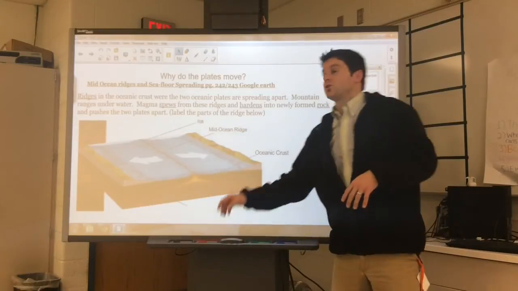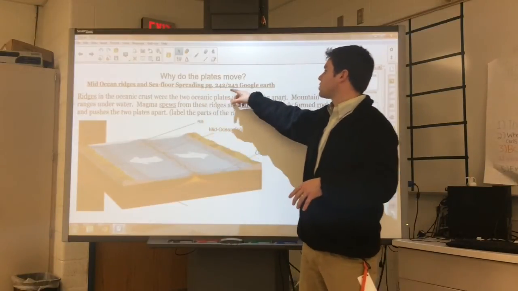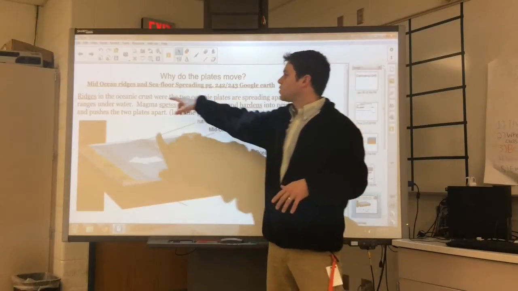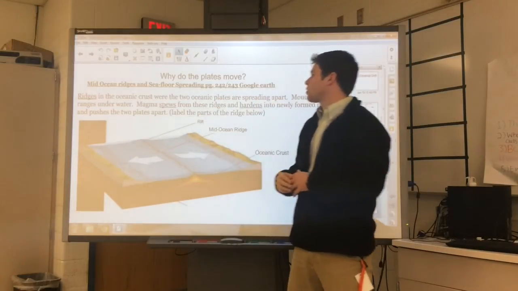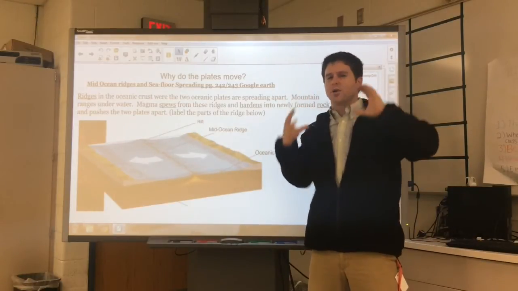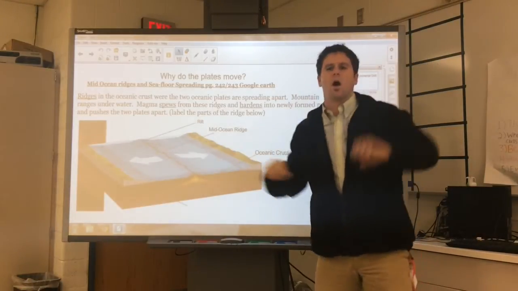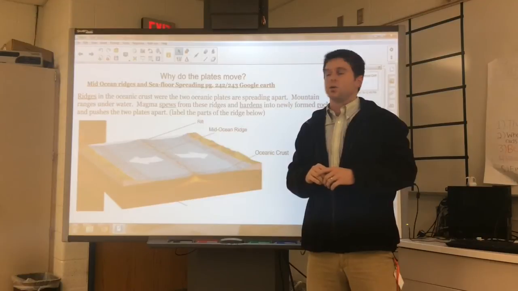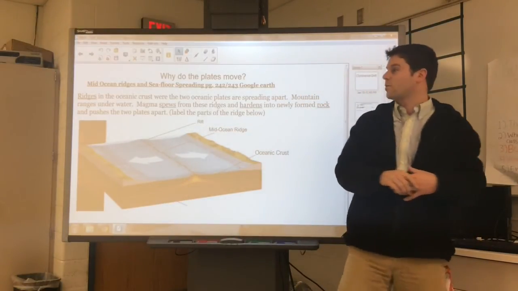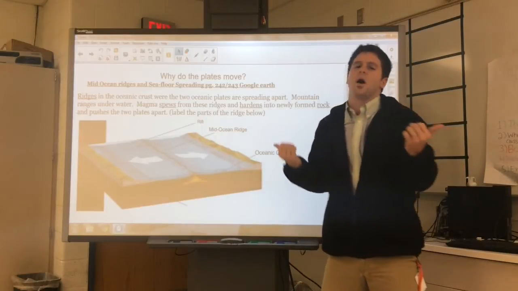This is a picture in your book, right? Mid-ocean ridges and seafloor spreading, pages 243 and 244, also on Google Earth, right? So these are ridges in the oceanic crust where two plates are spreading apart. Mountain ranges are formed, so they're underwater mountain ranges all the way along the mid-ocean ridge, right? Magma spews from these ridges and hardens into newly formed rock and pushes the two plates apart, right?